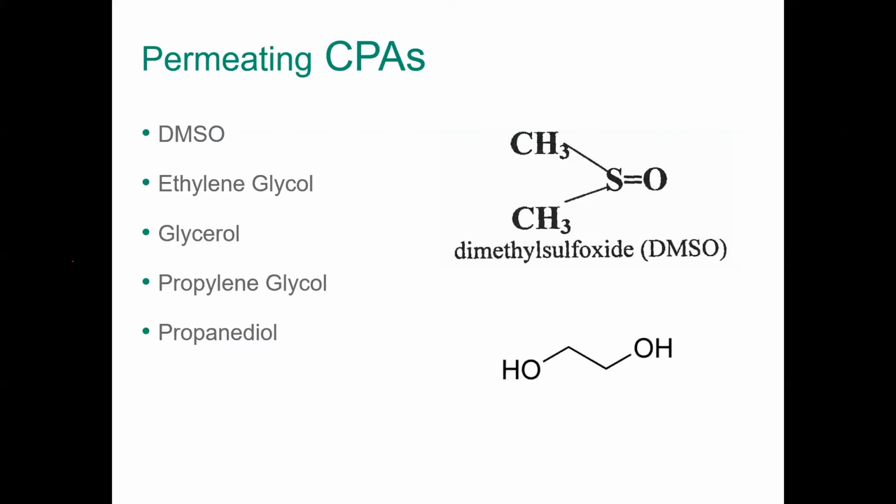So the permeating cryoprotectant, as I said, is low molecular weight, so it can permeate the cells and replace the intracellular water. It's also non-ionic with high solubility in water, so that reduces the freezing point of the water.